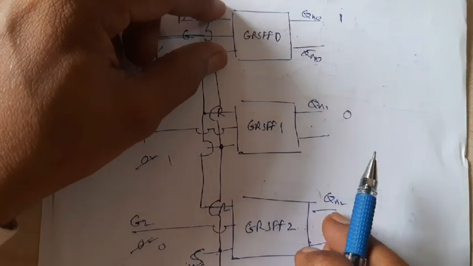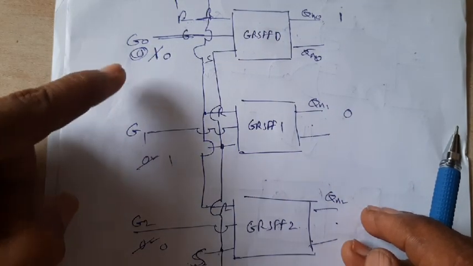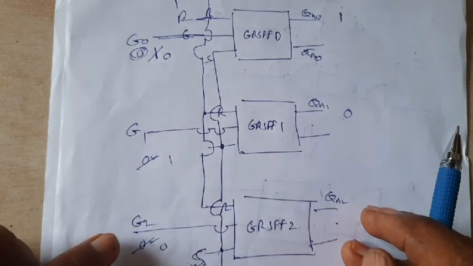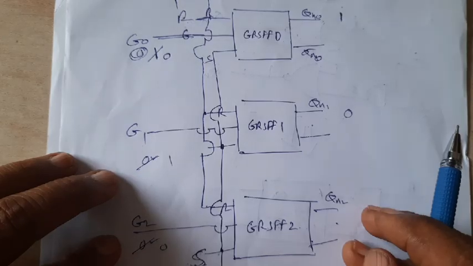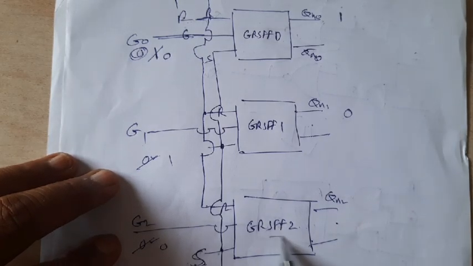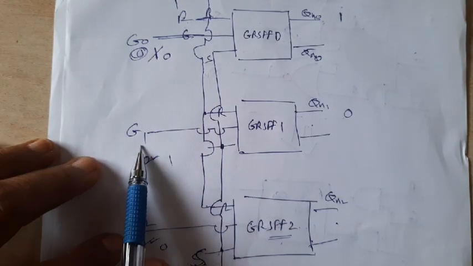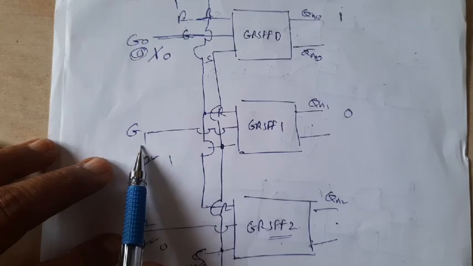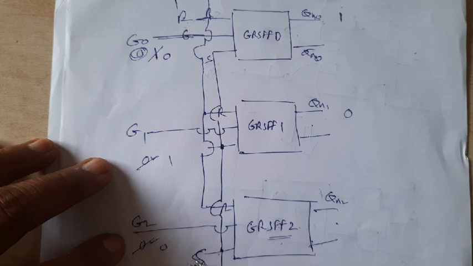Input to this FF0 and this FF2 will remain 0 as G0 is 0 and G2 is 0. Right? Similarly, if we will have to make this FF2 active, I will have to make G2 equal to 1, keep G0 and G1 to be 0, and depending upon what is to latch, we will have to change R and S. Right?